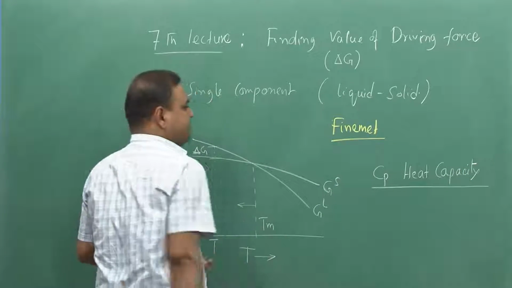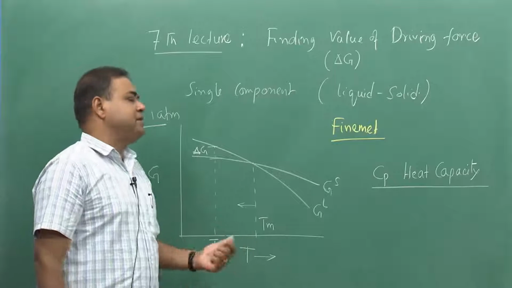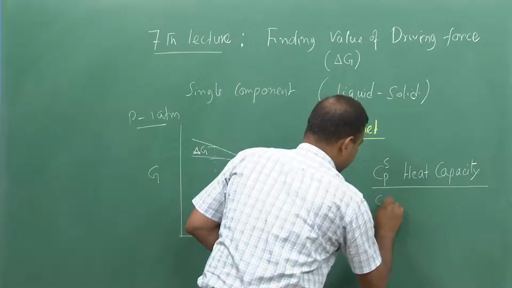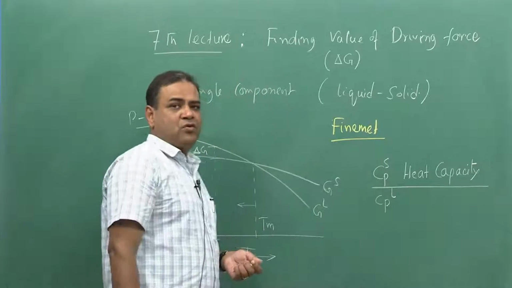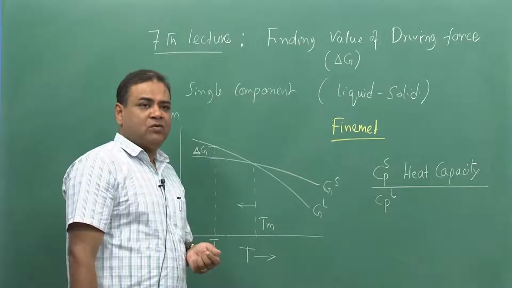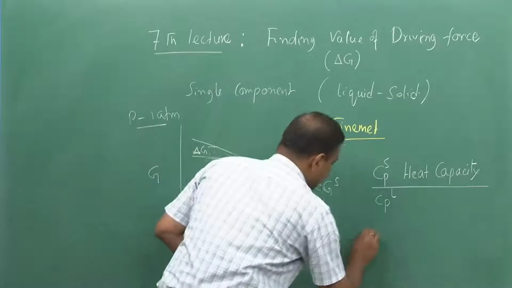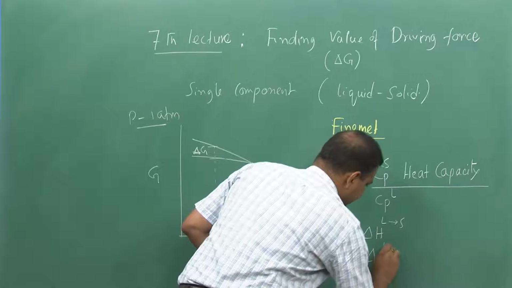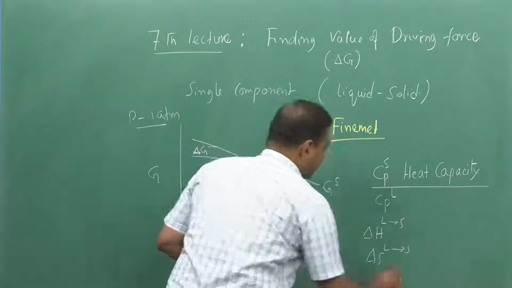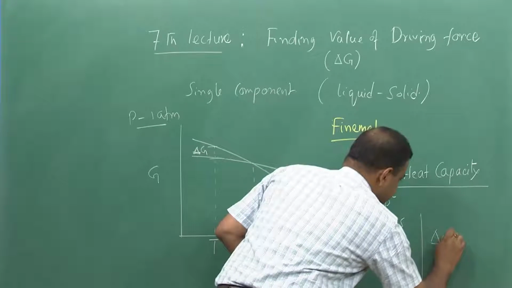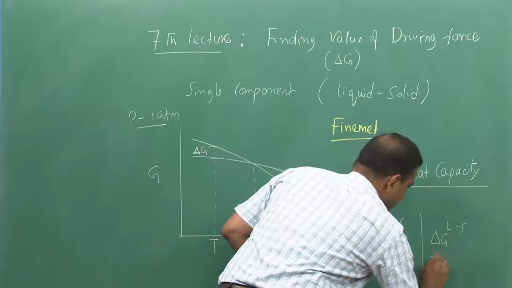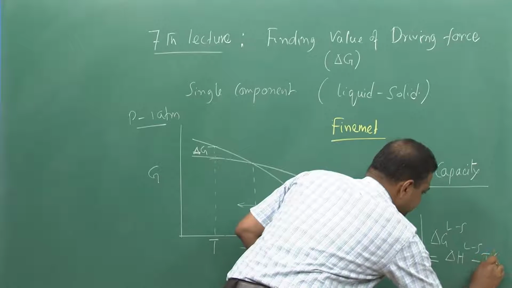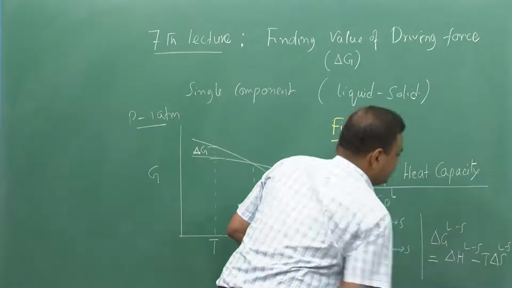If we can find out the Cp of solid as well as the Cp of liquid, we can easily determine del H liquid to solid and del S liquid to solid, and finally we get del G liquid to solid equal to del H liquid to solid minus T del S liquid to solid.